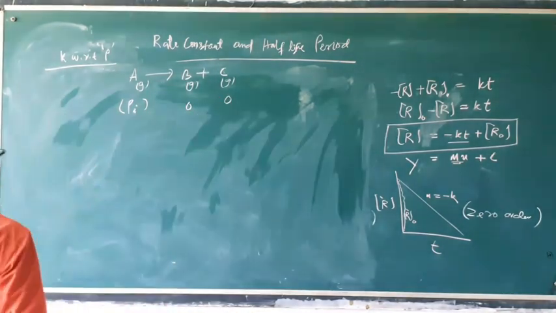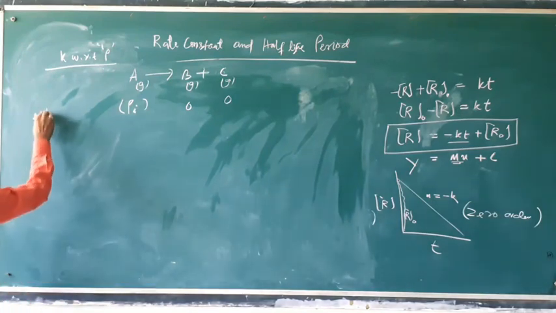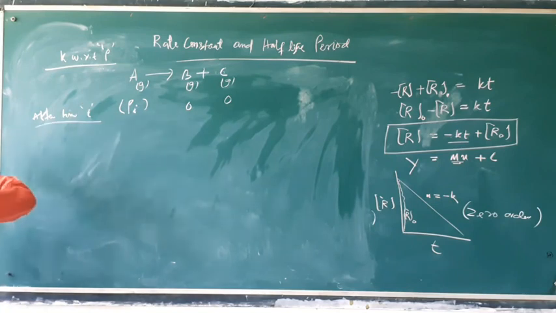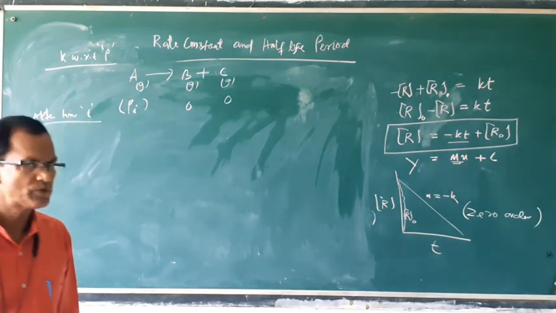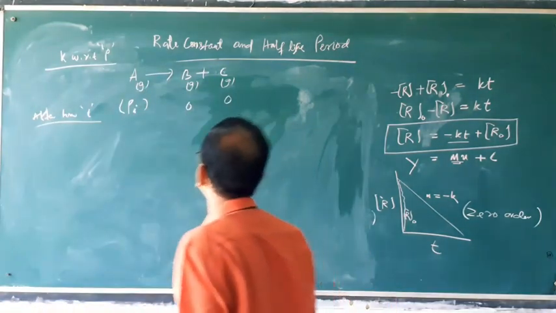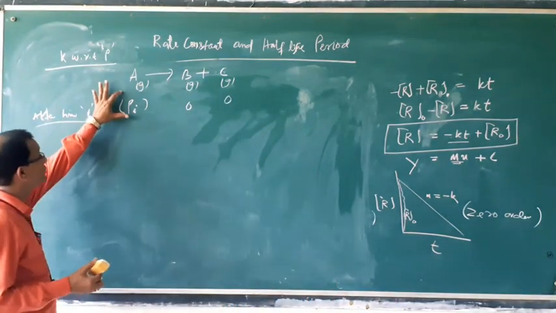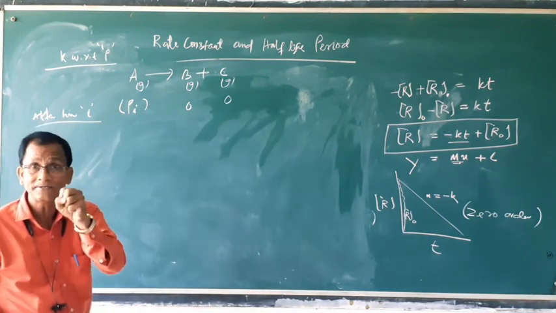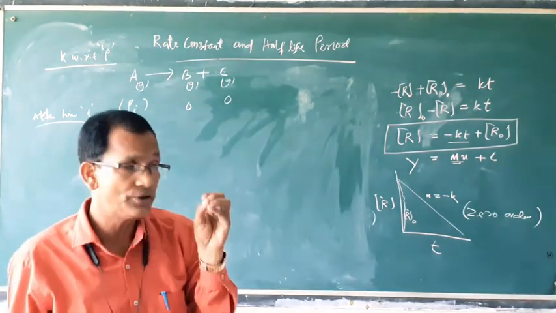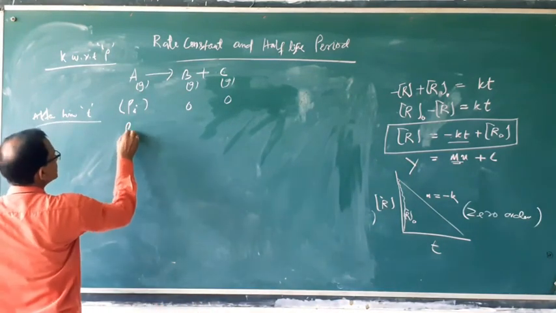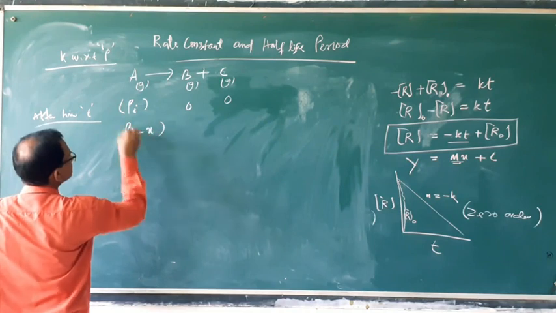After time t, some amount of A will be consumed. When A is consumed, the pressure of A will decrease. Suppose minus x.